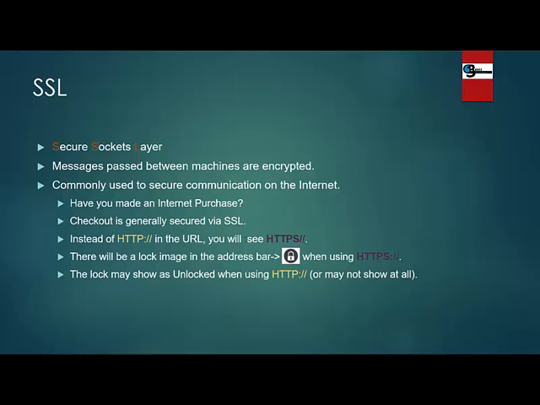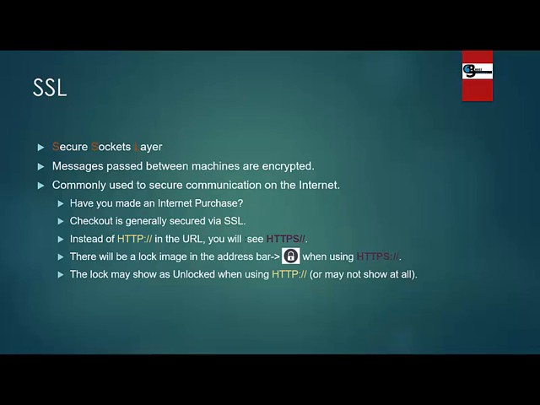Now, this is a commonly used protocol that's available for securing communication on the internet. For example, if you've made a purchase in a browser, its checkout is generally going to be secured via SSL. Instead of HTTP, you will see HTTPS in the URL.